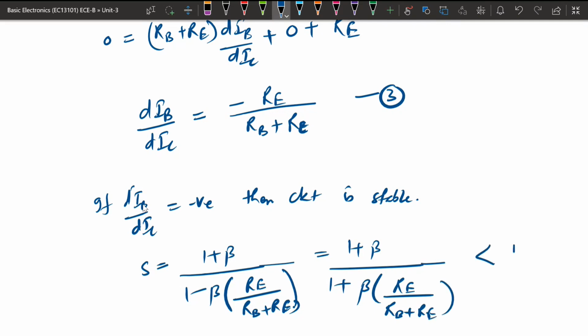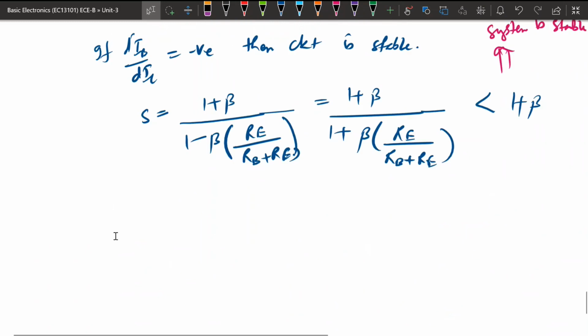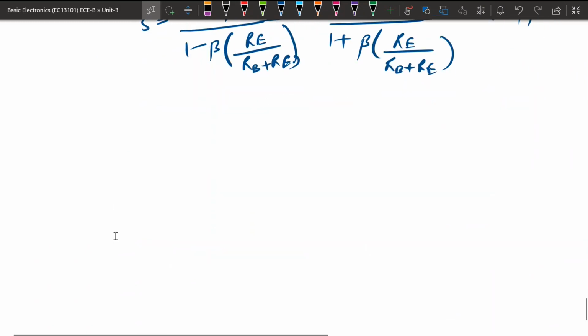So it is always less than 1 plus beta, because this term is more than 1, so S will be less than 1 plus beta. That means the system is stable. That means this type of biasing is also providing a stable system.